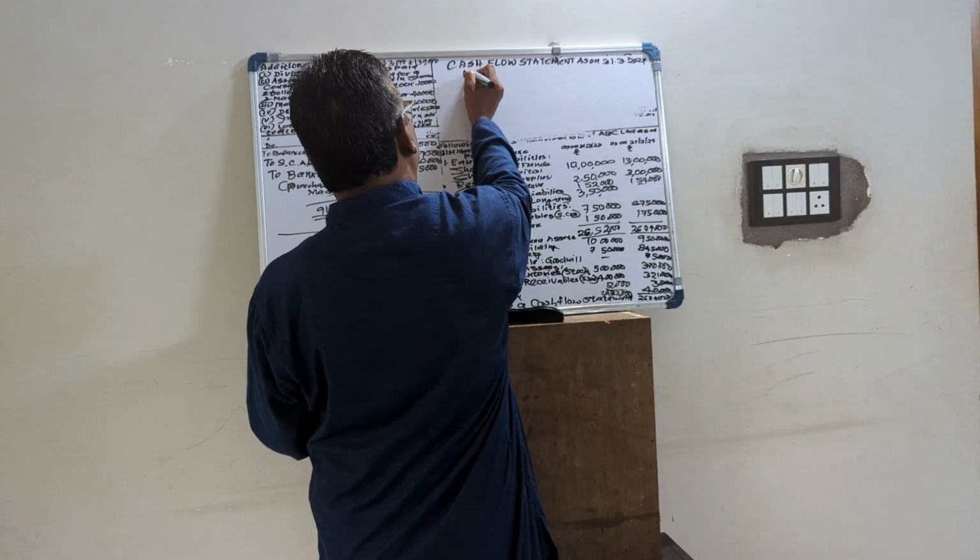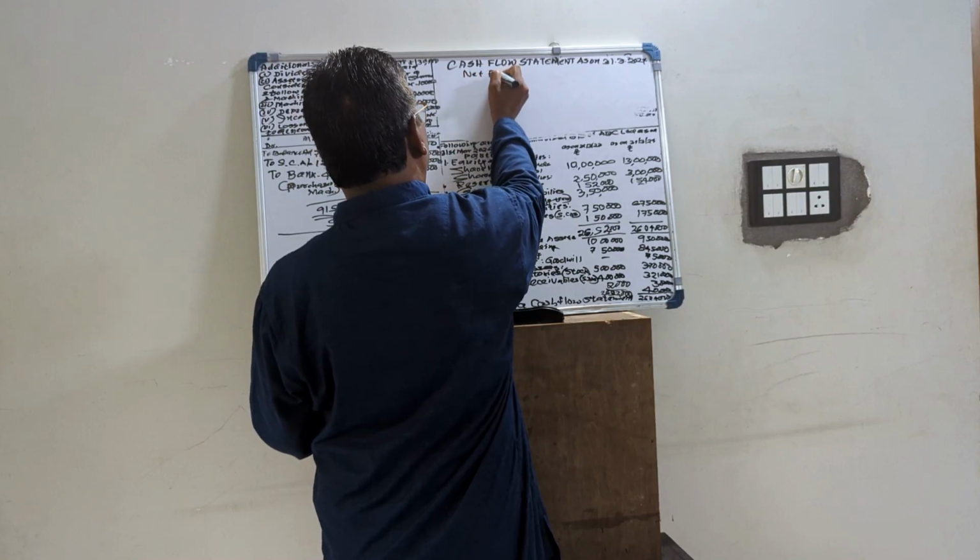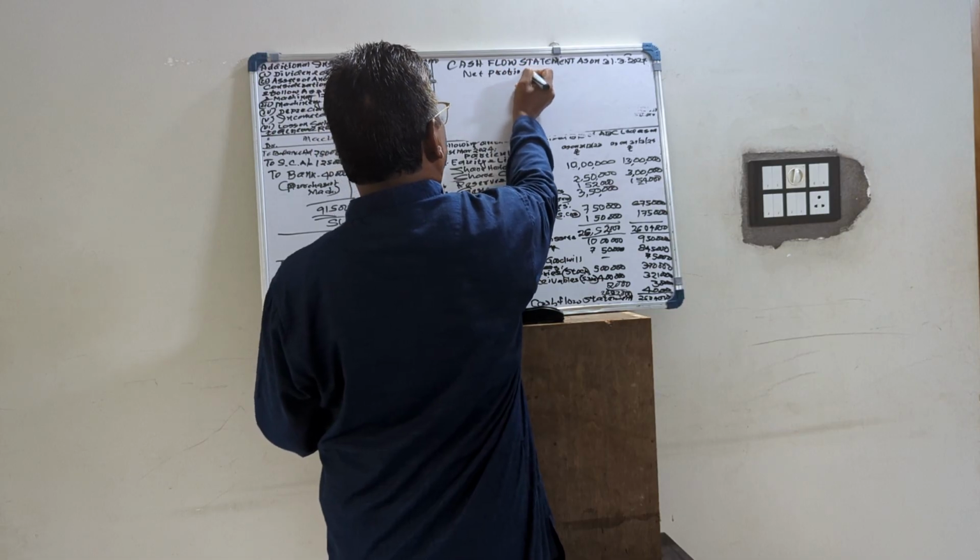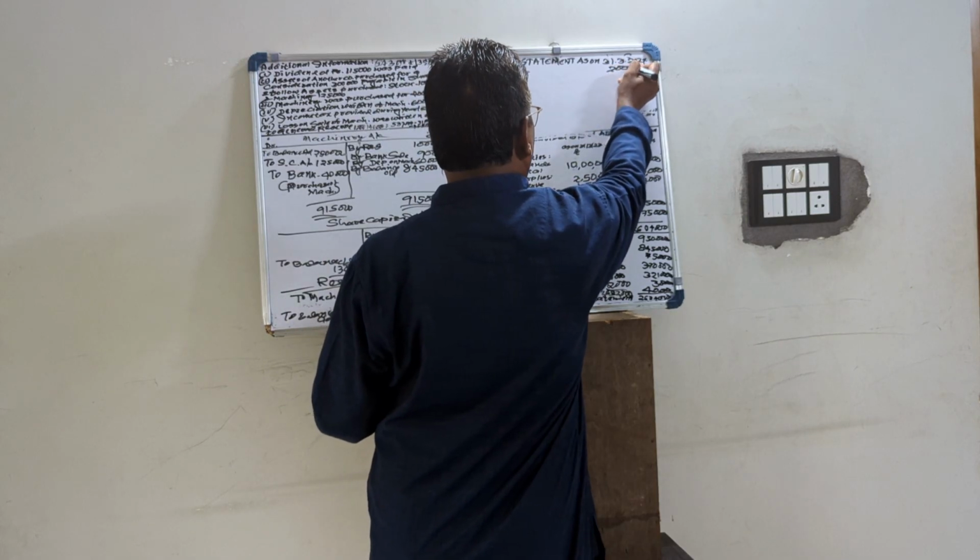First is net profit, that is the base, that I already told you. Net profit base is 2,000 here.